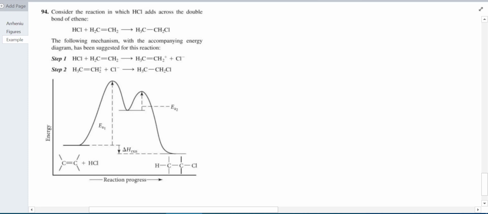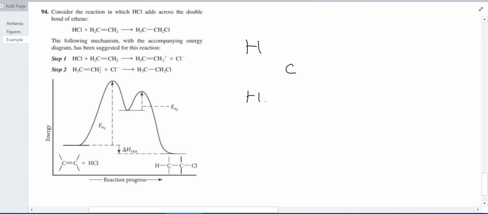94. So consider the reaction when hydrogen chloride adds across the double bond of ethene. Alright, so you take organic chemistry: ethane, all single bonds; ethene, double bond; ethyne, triple bond. So we have the double bond, and HCl is going to add. So let's draw a picture of this.